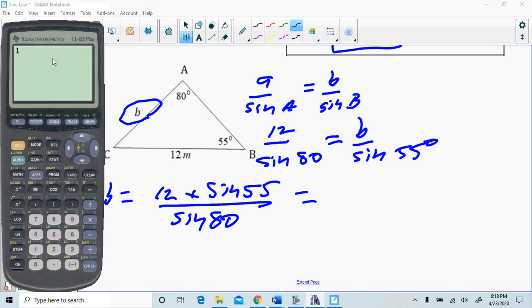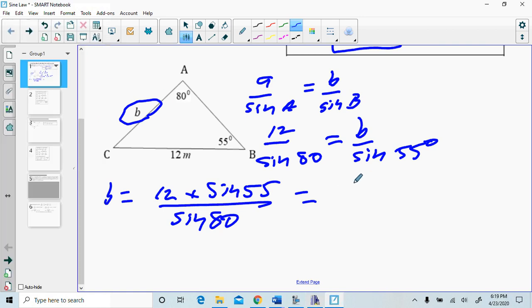Let's move to 12 times sine of 55. Divide by sine of 80. Equals a number that has 9.98. We're going to round that. The question was asking to the nearest tenth.